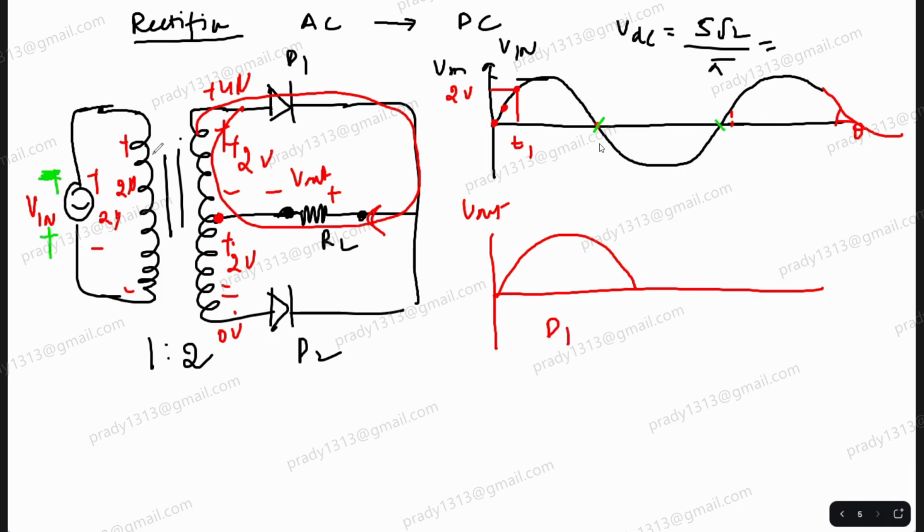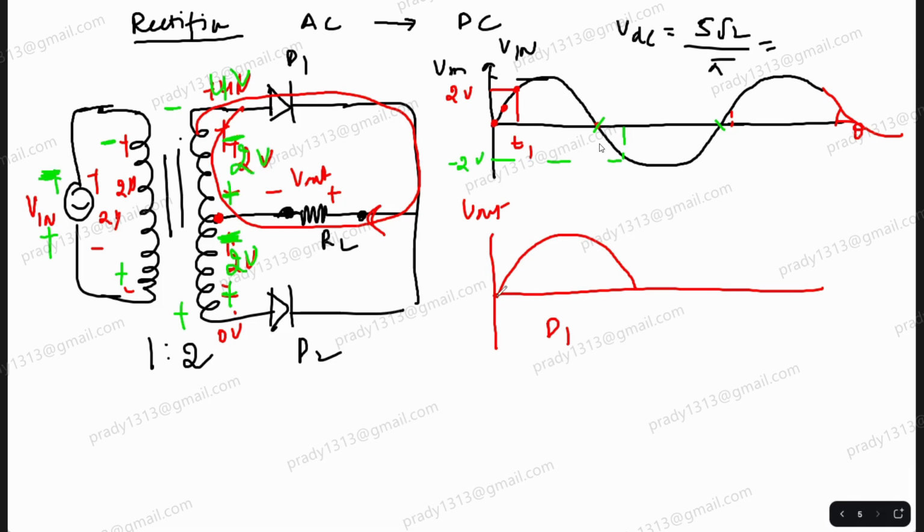Negative half cycle. What will be the voltage here? Let's say 2 volt only, but opposite polarity, right? Here, 4 volt only, but opposite polarity, right? And 2 volt, opposite polarity, on the other side.